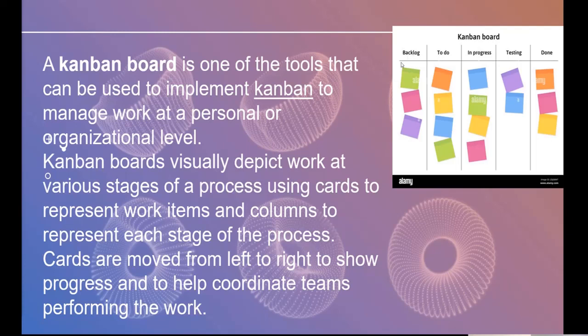First of all, we collect the requirements, anything that is in the backlog, and then the team members. At each stage, they are a different team. For example, in the testing phase, there are testers. In progress, probably there are developers. In Todo, there may be analysts and other teams.